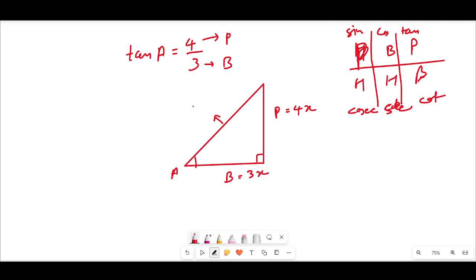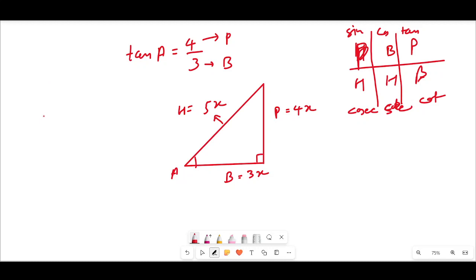Then what is the value of the hypotenuse? The hypotenuse will be the square root of 3x square plus 4x square, that is 9x square plus 16x square, which is 25x square, and then it will be 5x. Clear?